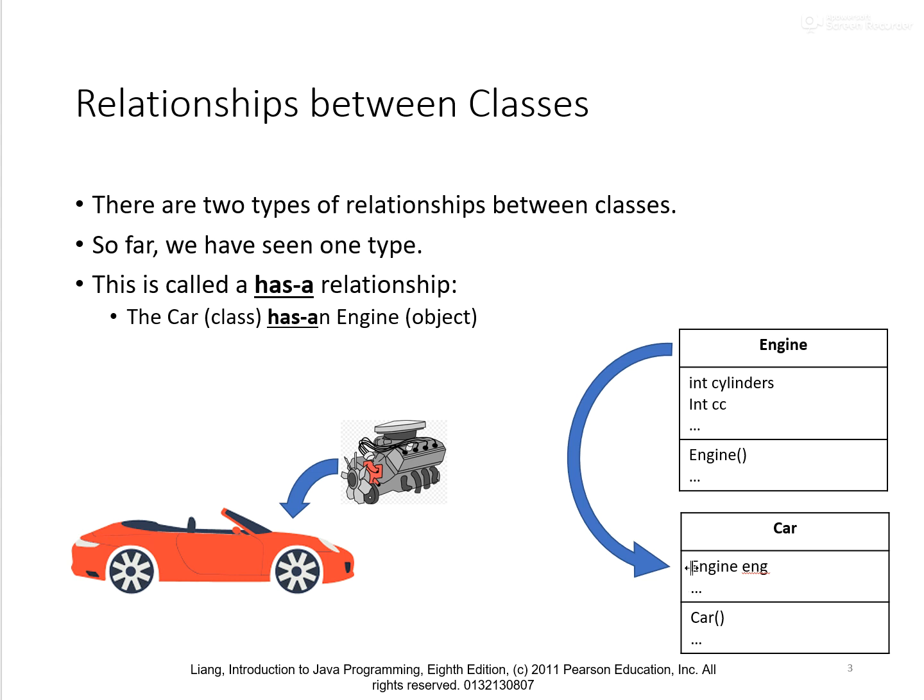And among those member variables can be an instance, an object of class engine. And so the engine-specific information can be contained within this engine object, of which we have an instance inside the car class. So we have already seen that. For example, when we added a date object inside of a class, these are has-a relationships.